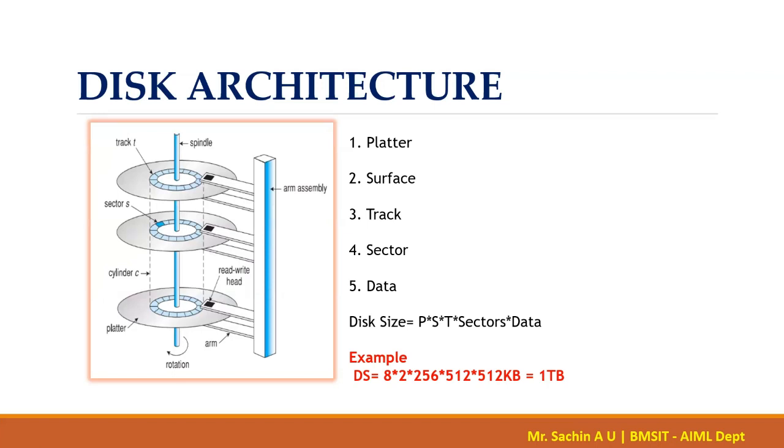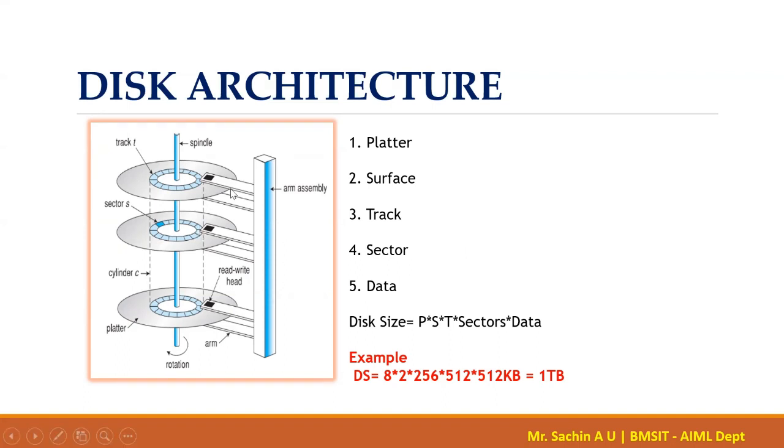But how exactly is the data stored? It is definitely stored in some structure, so let us understand in a systematic way how the data is stored. I have told you this hard disk consists of n number of platters. Each platter has an upper surface and a lower surface, that means two surfaces, top and bottom.